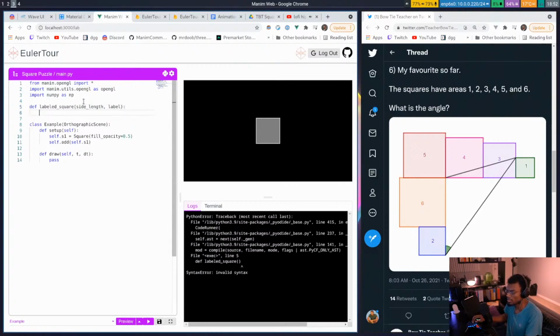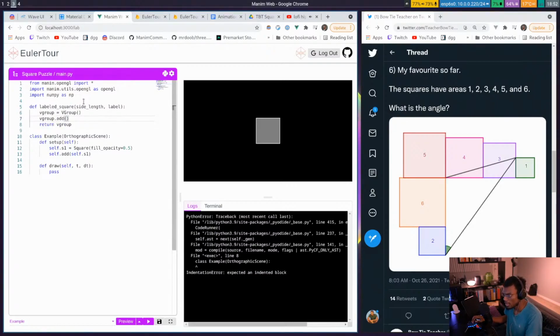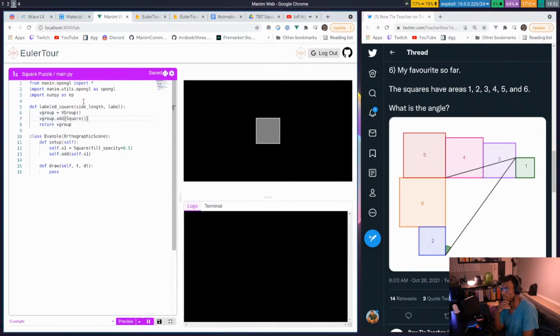Or side length and label. I'll just create a V group like this. I'll just add in a square. I guess I'd want to add the label into the square, right? That might actually be simpler.